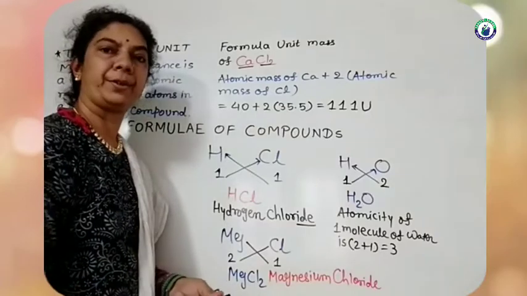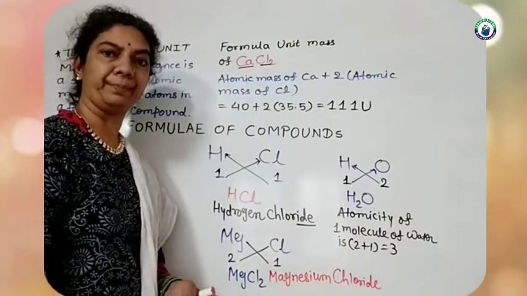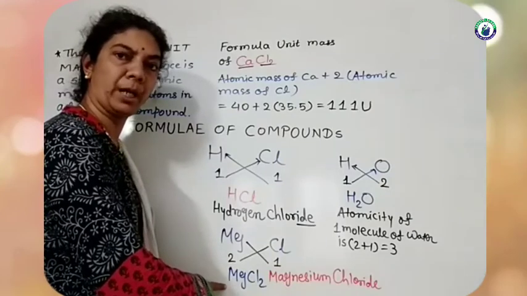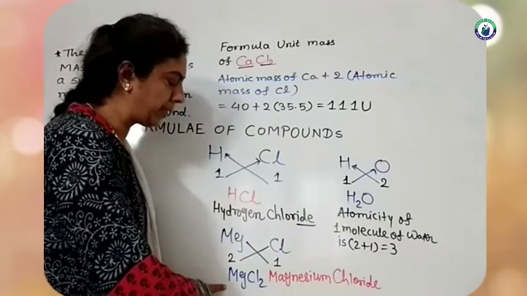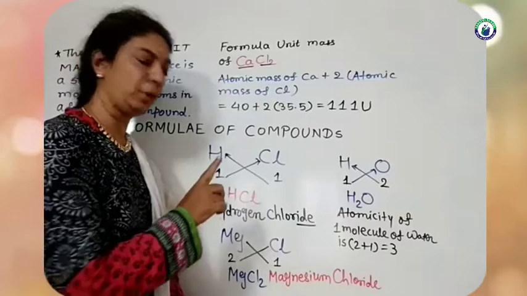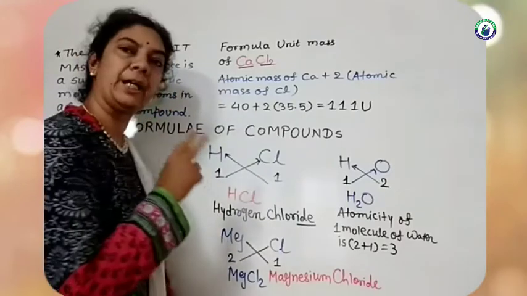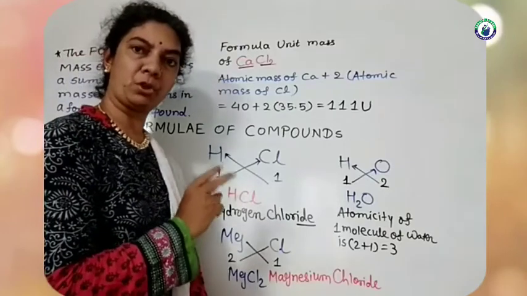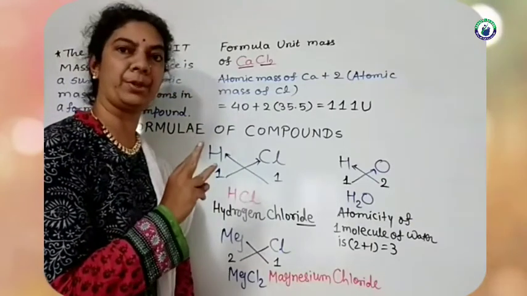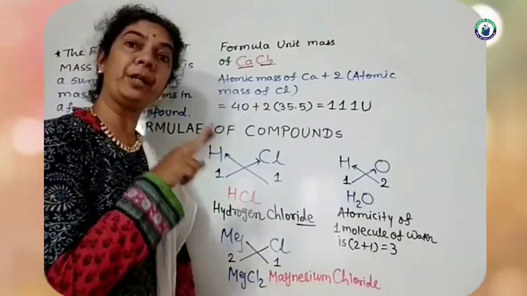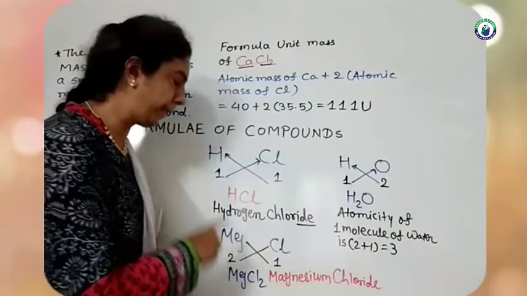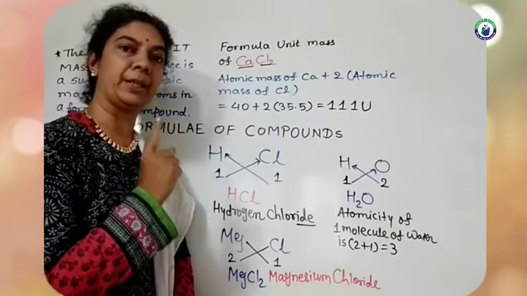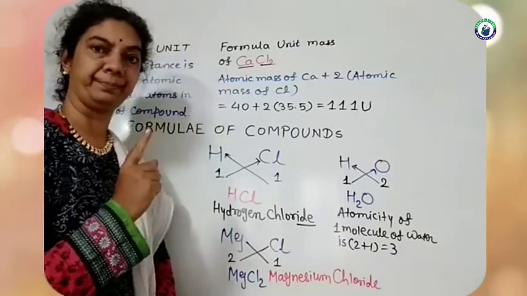And from that, we can say that one molecule of magnesium chloride contains one atom of magnesium and two atoms of chlorine. That means a total of 3 atoms of 2 different elements are present in one molecule of magnesium chloride.